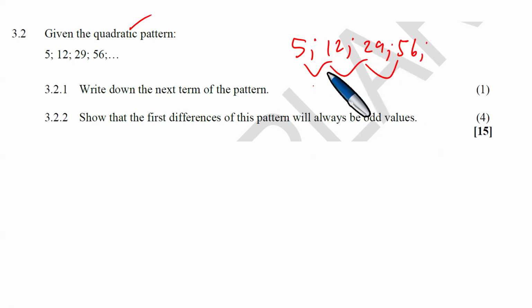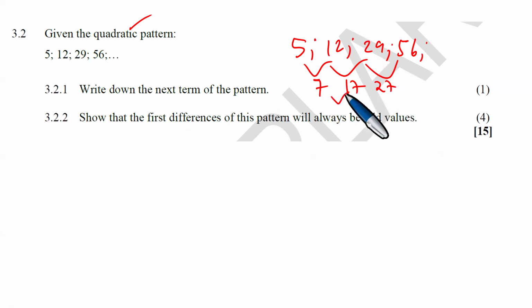Okay, find the difference here. 12 minus 5, it's a 7. 29 minus 12, it's 17. 56 minus 29, you get 27.